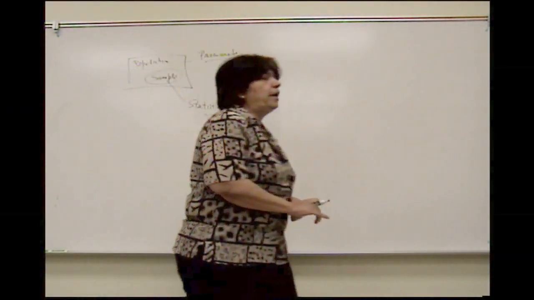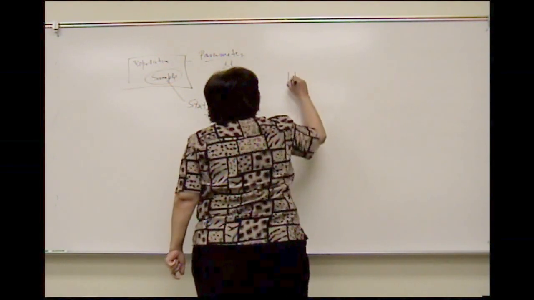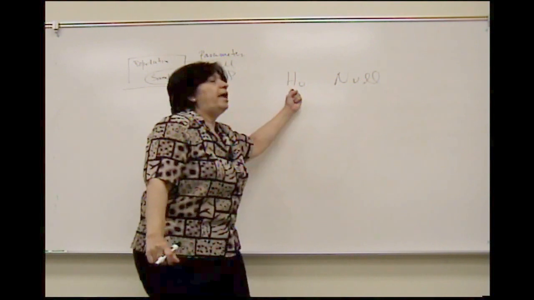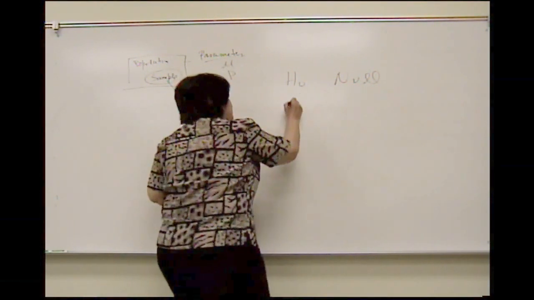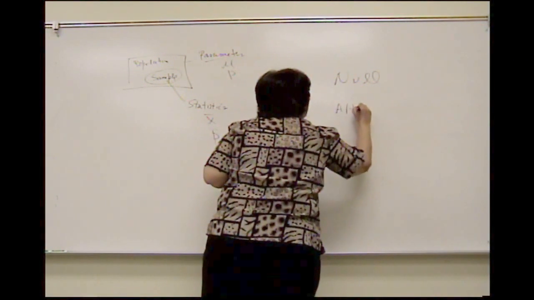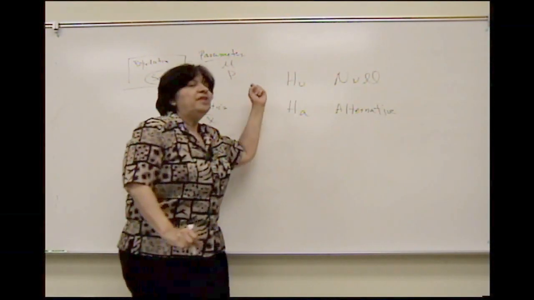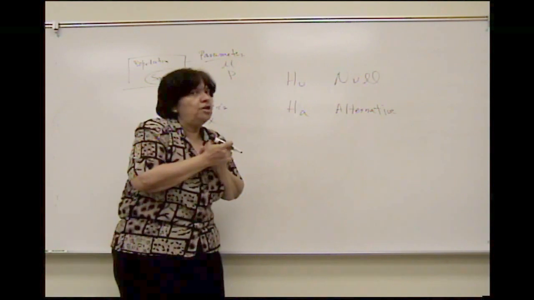Now, in hypothesis testing, we have two hypotheses: H0, the null hypothesis, and H sub A, the alternative hypothesis. These hypotheses have to be opposite to each other.